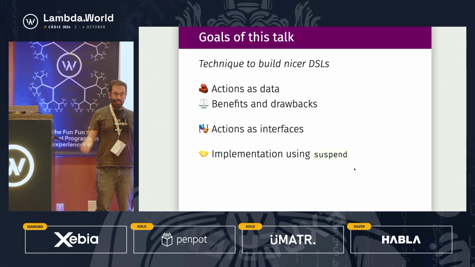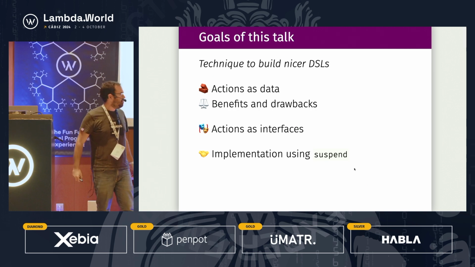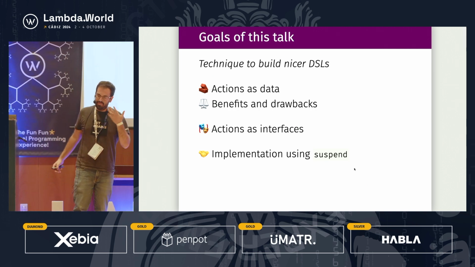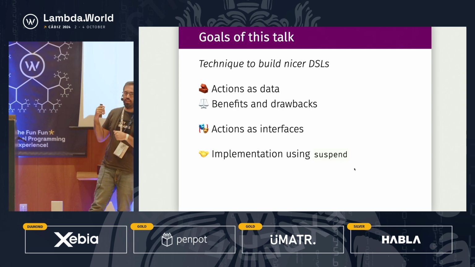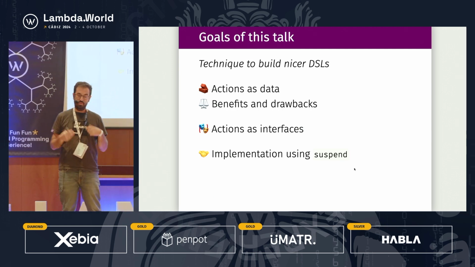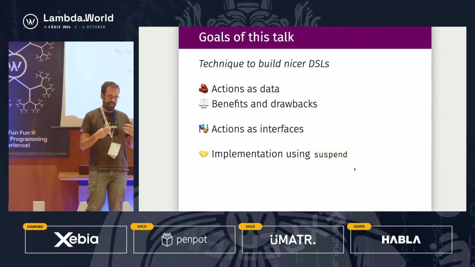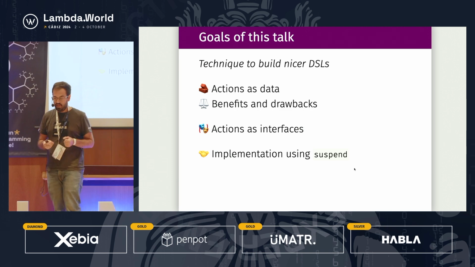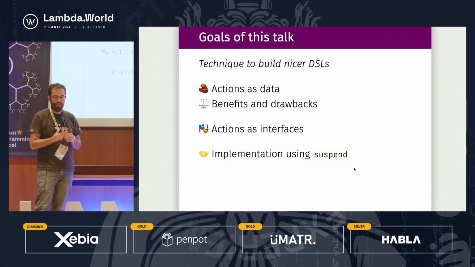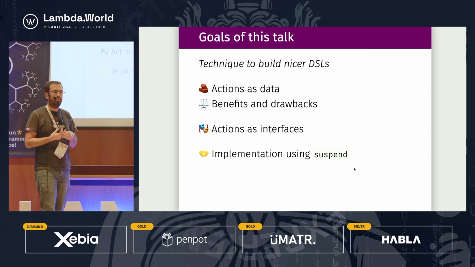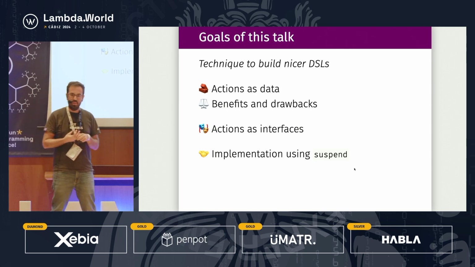But anyway, indeed, I'm going to talk about an actual way you can use to build domain-specific languages if you have a language which supports continuations, or you have some way to get continuations in your language, which I will do in Kotlin, because the language has somehow popularized having coroutines and continuations.